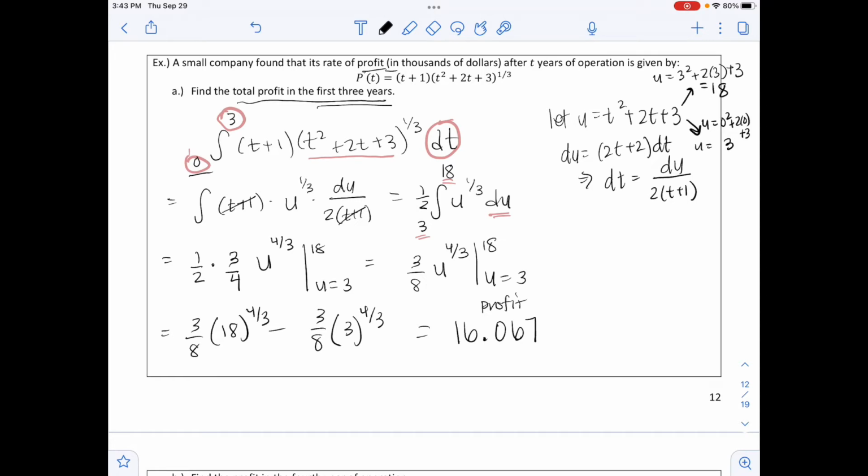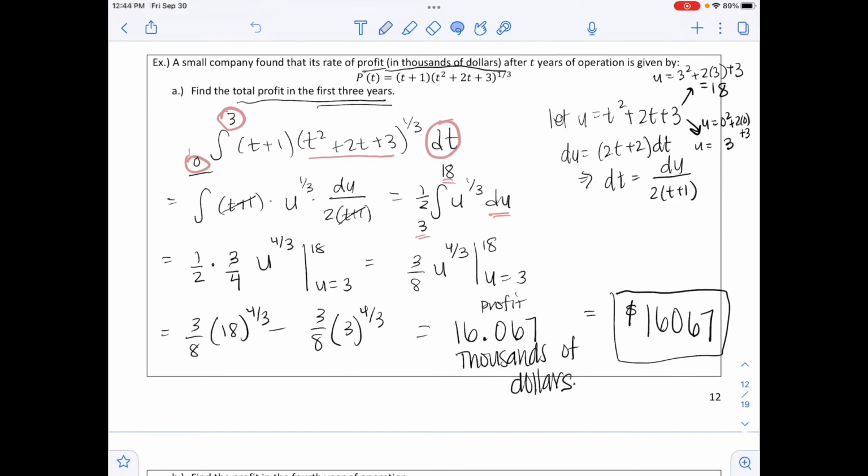And the units that we're dealing with are in thousands of dollars. So 16.067 thousands of dollars, or you can just multiply it by 1,000 and say this is equivalent to $16,067. The problem continues on to the next page.